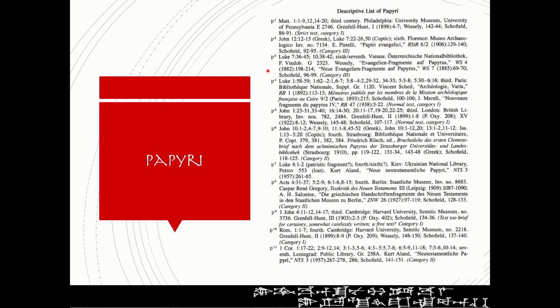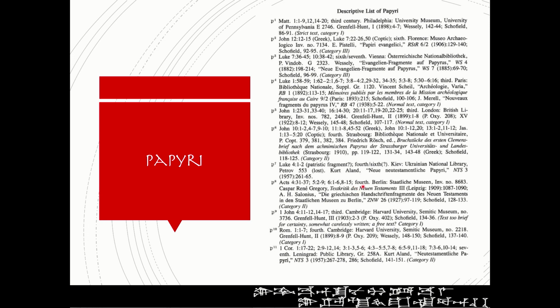And so on down. So when you turn to the section on the papyri, you can literally go down and find, what does Papyrus 8 have? Papyrus 8 contains Acts chapter 4, verses 31 to 37, Acts chapter 5, verses 2 through 9, 6:1 to 6, and 8 to 15, and it's a 4th century manuscript.